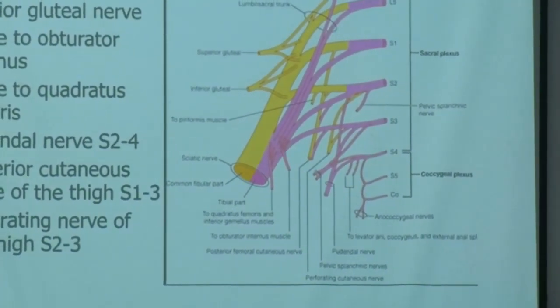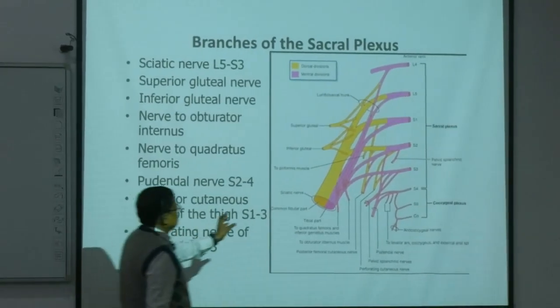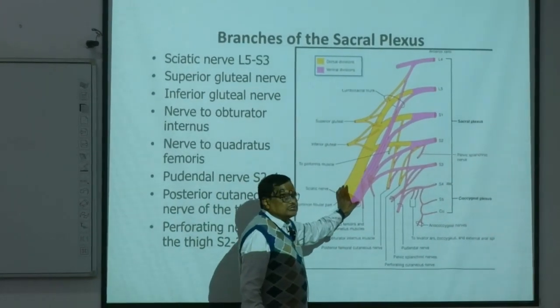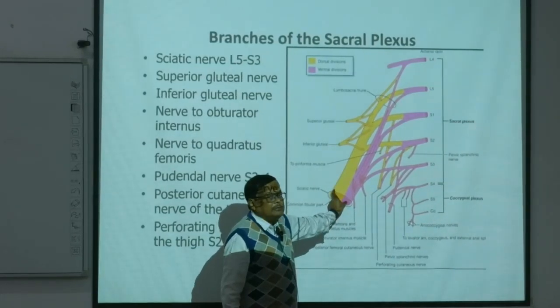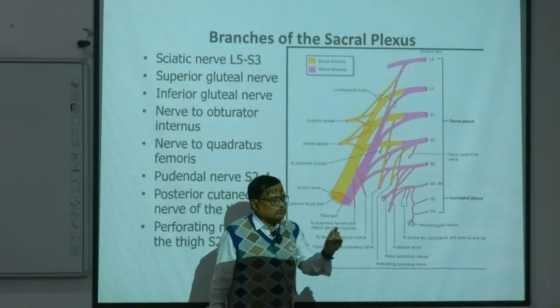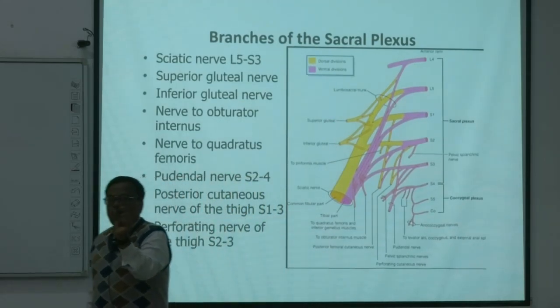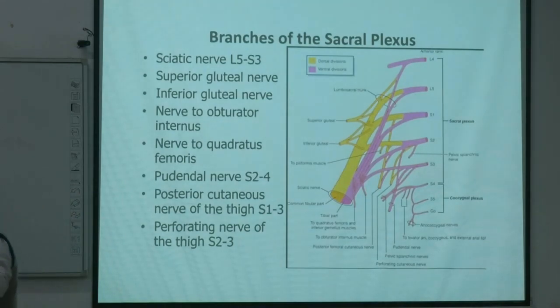So mainly the branch is the sciatic nerve, the main division, the thickest nerve. It is about 2 centimeters. The breadth of this sciatic nerve is about 1 inch. The thickest nerve in the body. The longest cutaneous nerve is the saphenous nerve, but the thickest nerve in the body is the sciatic nerve, a huge thick nerve.